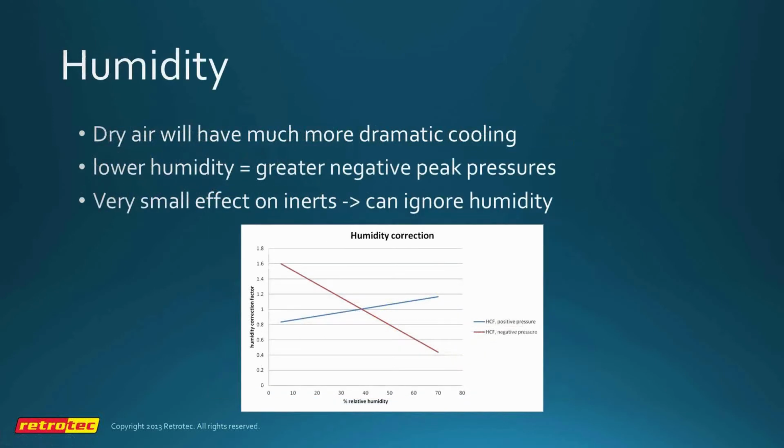And for halocarbons, the interesting news was also that humidity affected the results a lot. For halocarbon, if we were to discharge at a very, very dry humidity, then we'll get a huge negative pressure spike.